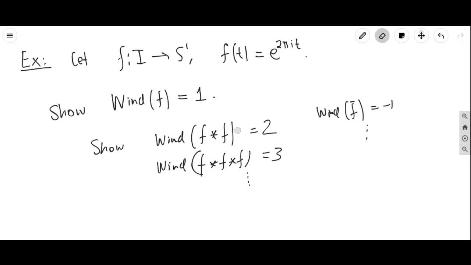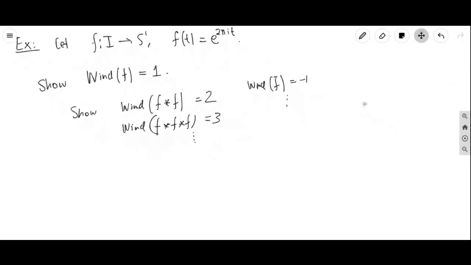So what does this mean? As a consequence, if you're willing to accept this, this is a corollary. If you were to write out these classes, the homotopy class of F to the 0 just represents the identity. So a class to the 0, that's just notation for the identity.